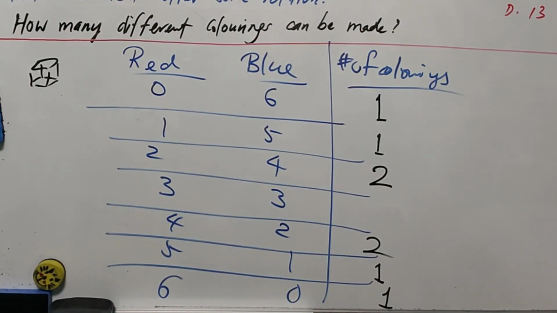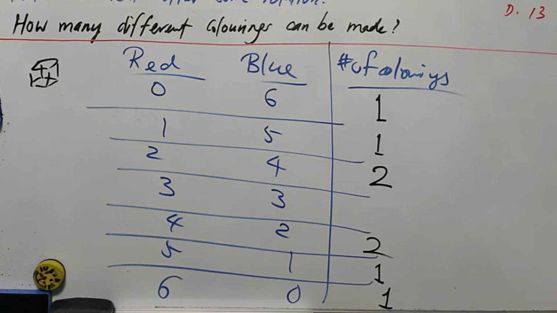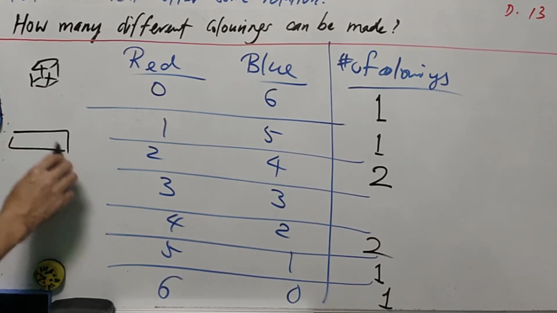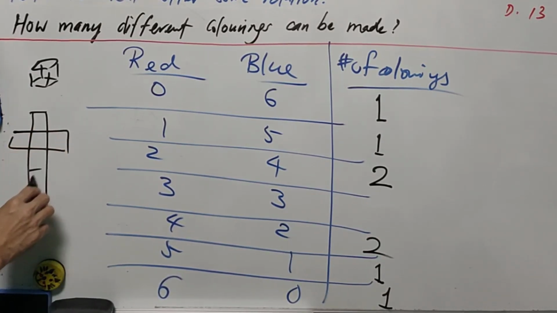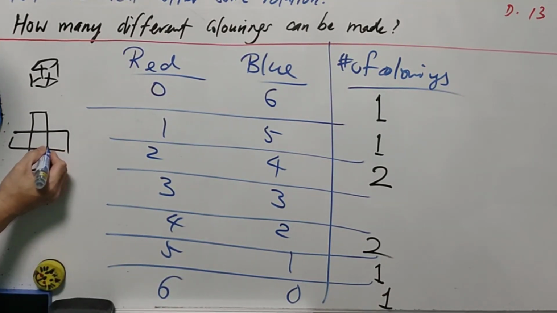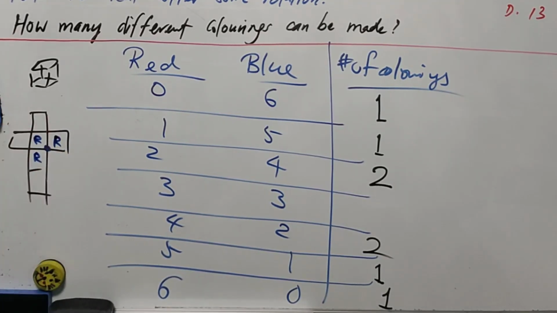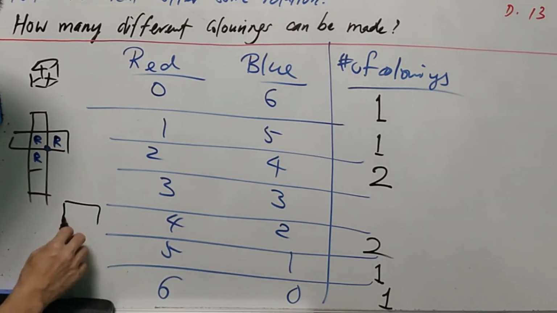Now when we go to 3 red faces, it's a little bit tricky. So we can look at the net of the cube. It's either the 3 faces share a common vertex, and this is red, red, red, the rest are blue. Or they don't share a common vertex.